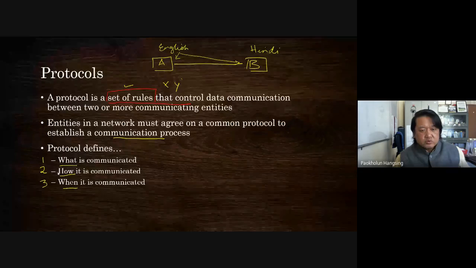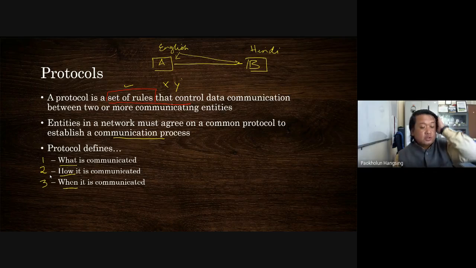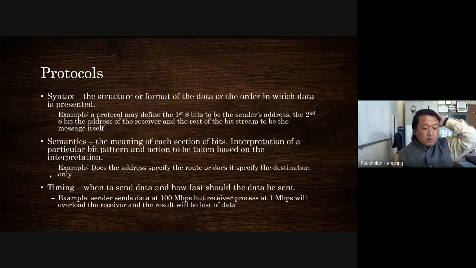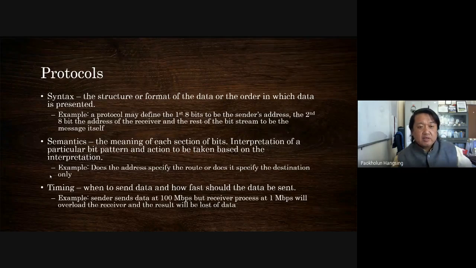The set of rules or the protocol defines what, how, and when is to be communicated. That is what protocol defines in order to have a communication between two entities in a network. Now, this how, when, and what is also known as syntax, semantics, and timing.